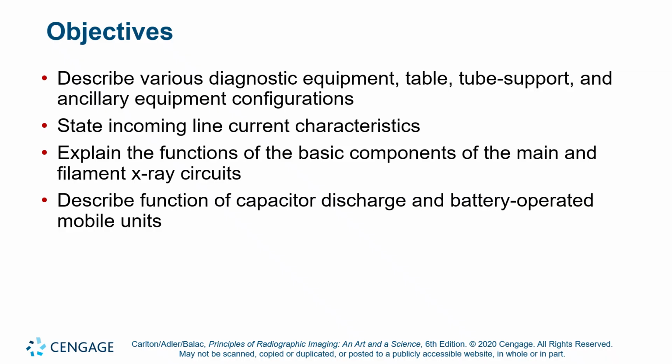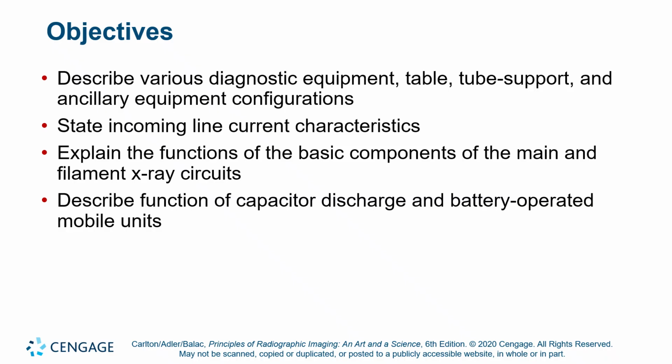Okay, so we're going to just talk about, this will be a review from the intro course, types of machines, equipment. You've got a table telescoping with a drawer in it, the Bucky tray, and then you have a standing image receptor holder, a standing or a vertical Bucky.